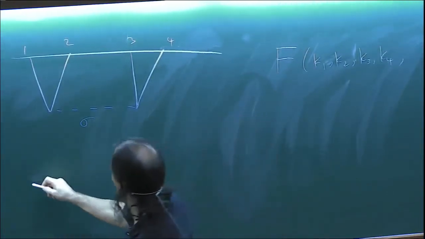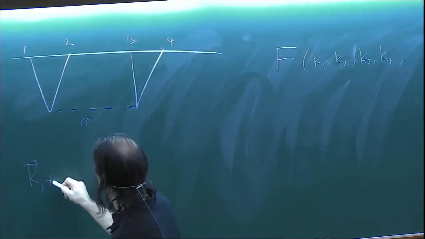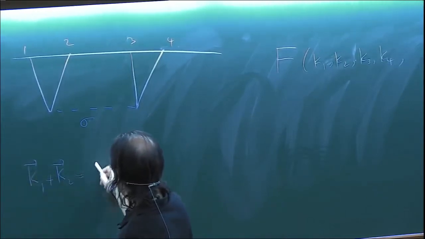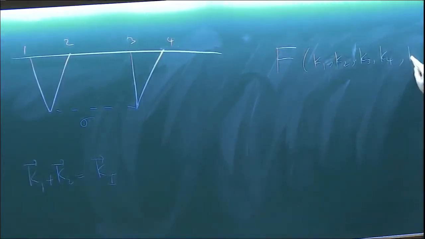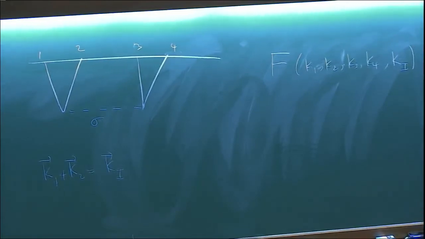So I have k1 plus k2. Let's call that k intermediate. And so it's also going to depend on the magnitude of k intermediate. Okay? A general 4-point function could depend on, well, we'll do the general counting later, but this depends on only these lengths.